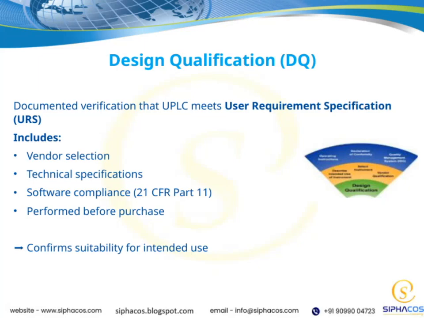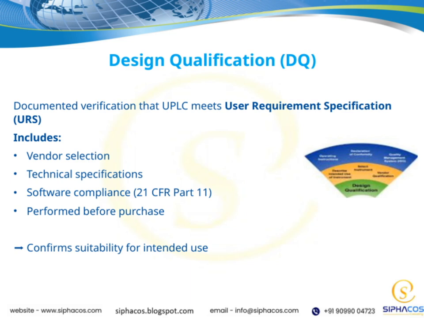Let's talk about design qualification, or DQ. This is essentially a documented process that verifies that the UPLC system meets the User Requirement Specification, or URS. In other words, we're making sure that the system aligns with what the user needs it to do. This process includes several key components. First, vendor selection.